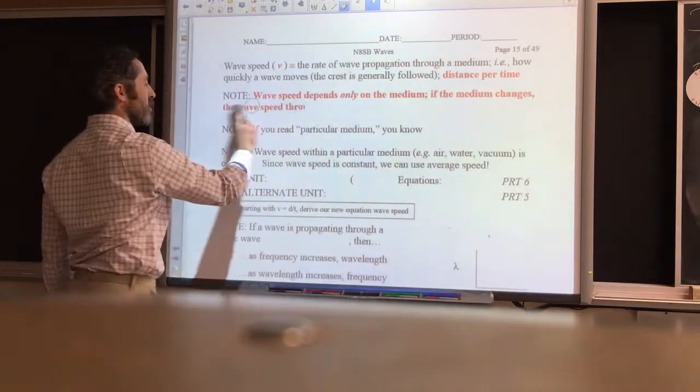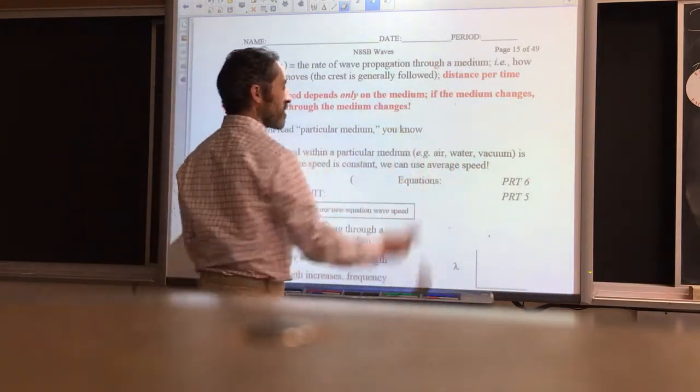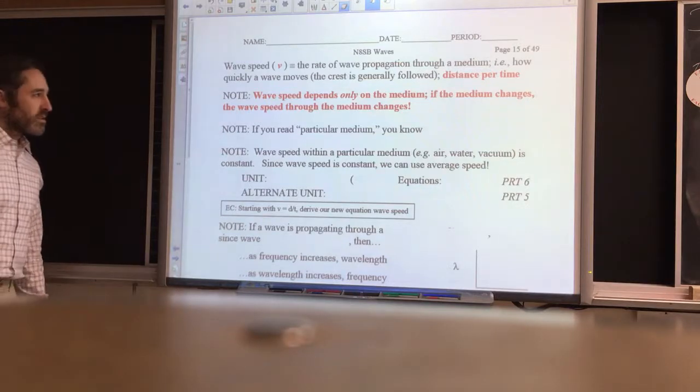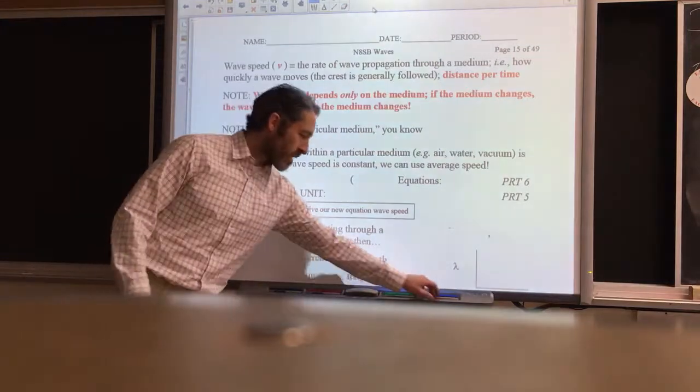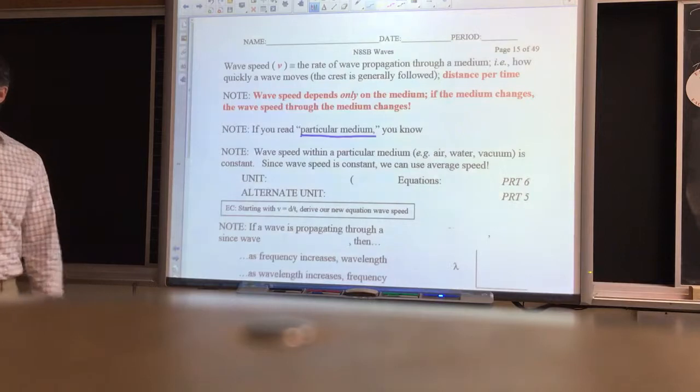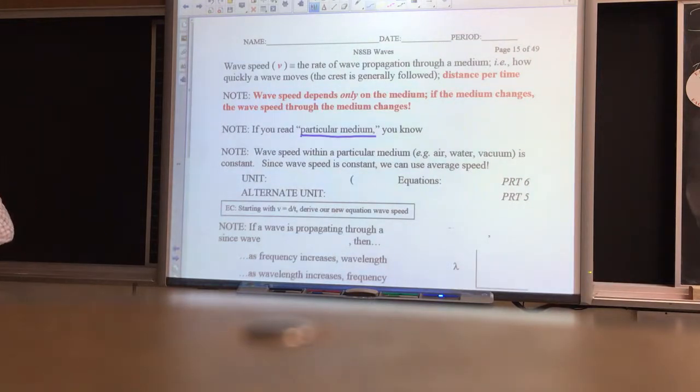If the medium changes, the wave speed through the medium changes. Right now, this doesn't seem like much, but this is going to be a heavy concept throughout waves. Now this phrase over here, particular medium, is kind of like neglect friction from when we did kinematics, when we did projectiles.